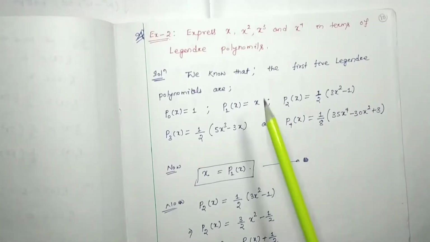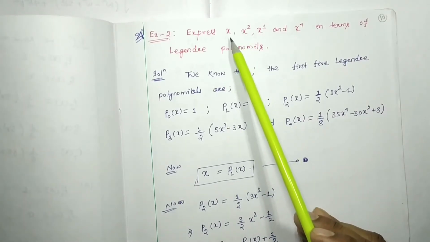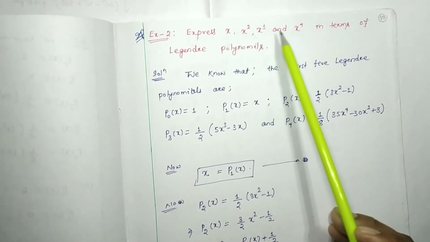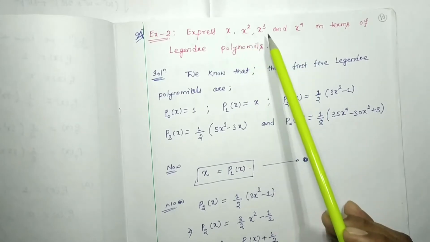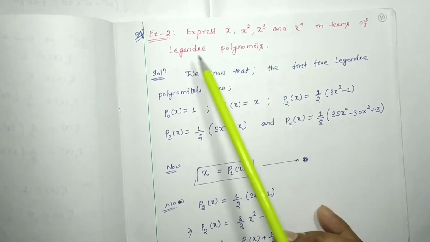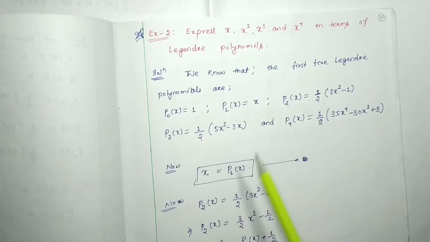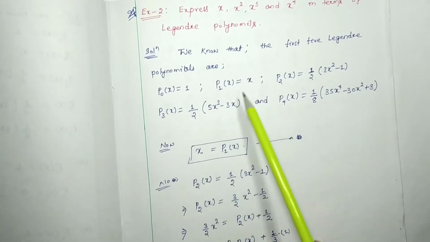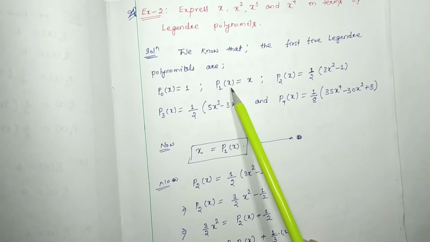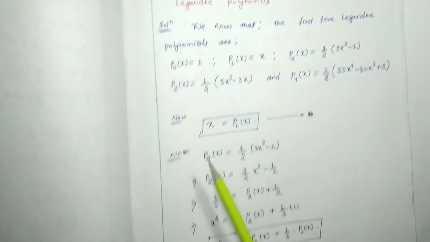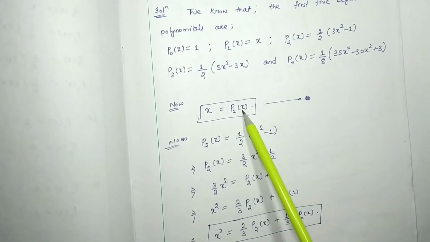Here it is written that x, x square, x cube, x4 we have to express in terms of Legendre polynomials. So from these 5 Legendre polynomials, x is equal to p1(x). So the first one we found directly, x equal to p1(x).